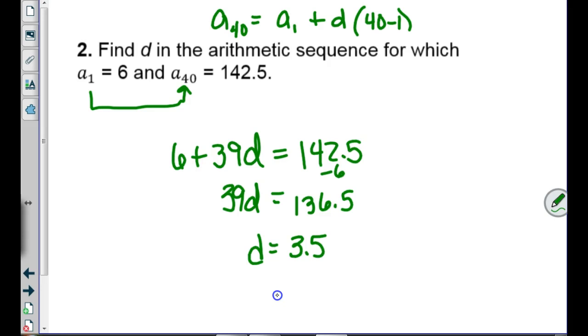So if we were crazy and we wanted to check, we could start with 6 and start adding 3.5 and see if we got to 142.5 on the 40th term. We learned yesterday, I suppose we could put the formula in the calculator and scroll down and see if that's the 40th term, but I think we're safe.